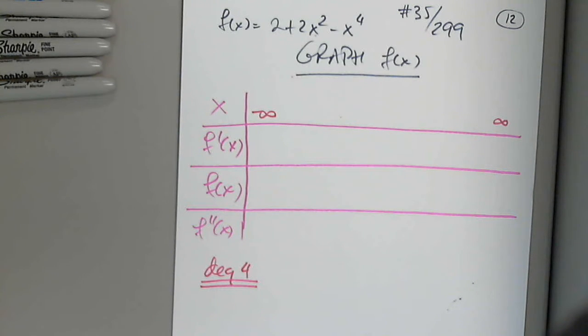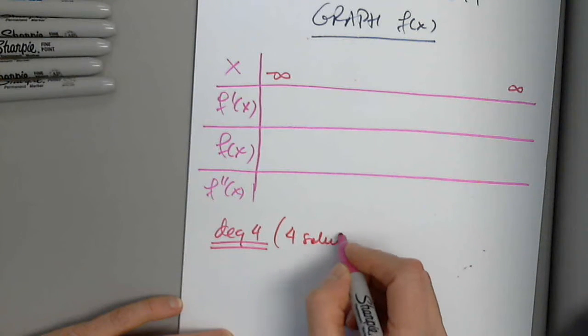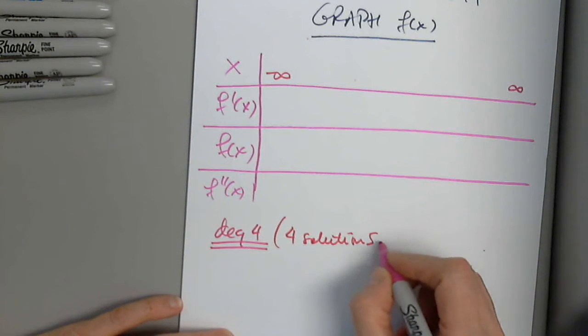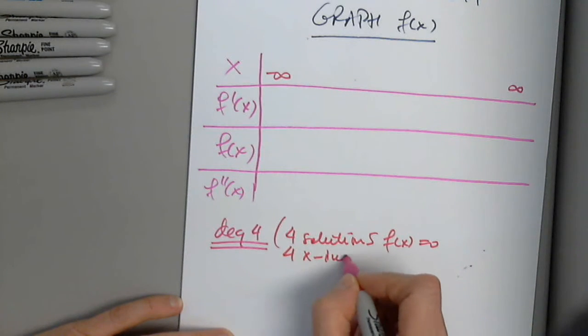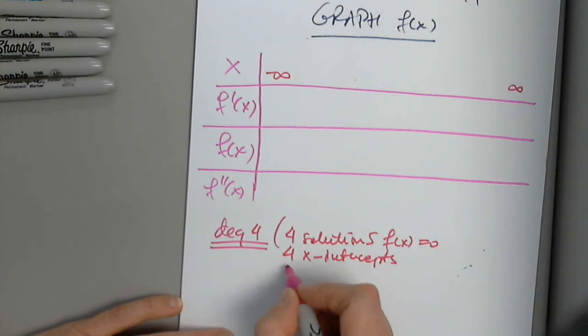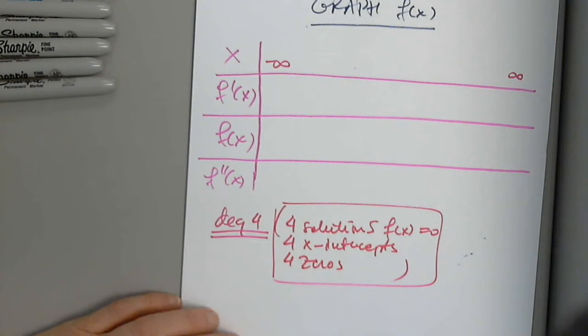4. They may not all be real. Some of them may be the same. I don't care. But in the back of my mind, I have to say I expect 4 solutions to the equation f of x equals 0, or 4 x-intercepts, or 4 zeros. All these mean the same thing.